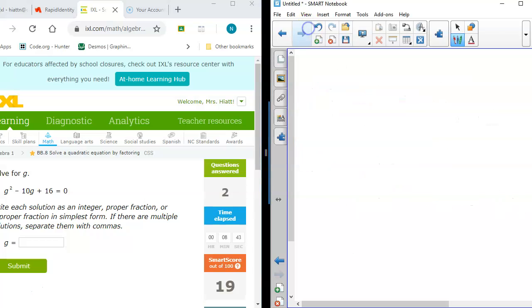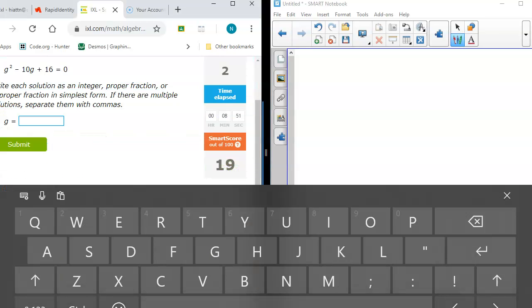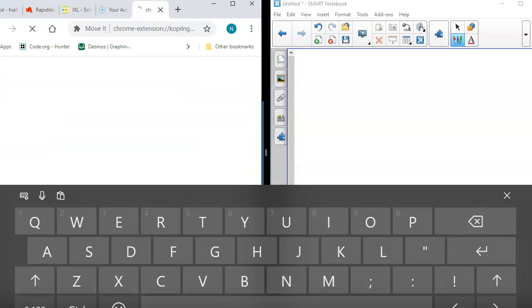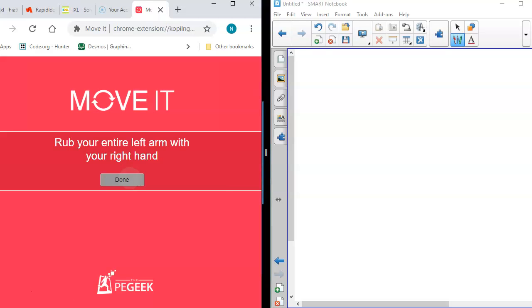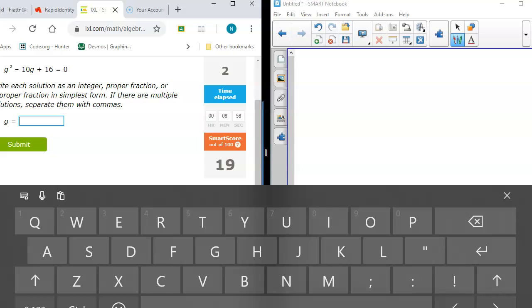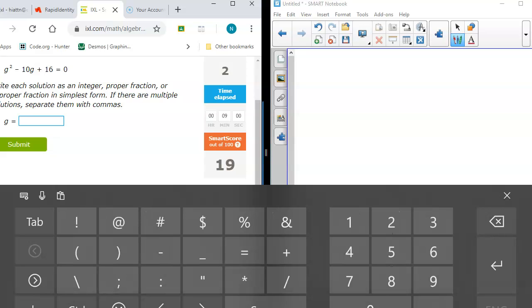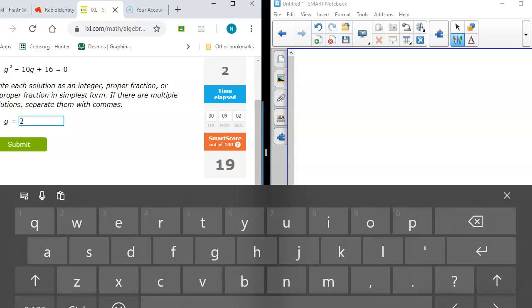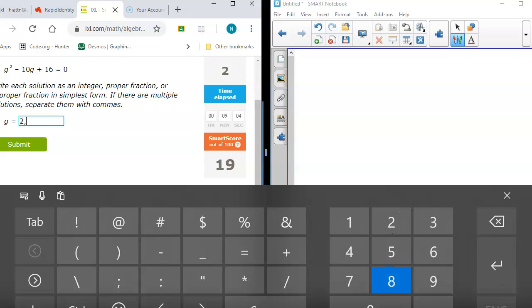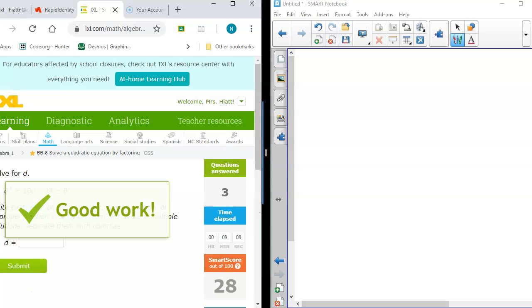All right, here is another one. I'm going to do this real quick in my head just because I'm going to see if it goes to the more difficult ones. So that one's going to be 2 and 8. I believe 2 and 8. I'm just doing that in my head so we can get to some harder ones real quick.